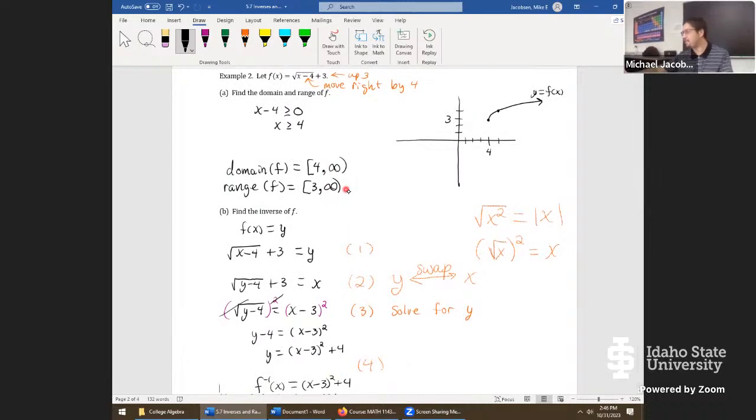When we go to try to plot it, it's going to move to the right by 3 and then go up 4. So right 1, 2, 3, up 4, places a dot here. And then the rest of the parabola would be plotted in about that way. So this is y equals f inverse of x. And really the only reason to complete the sketch by adding a second function on there is it's kind of a check.